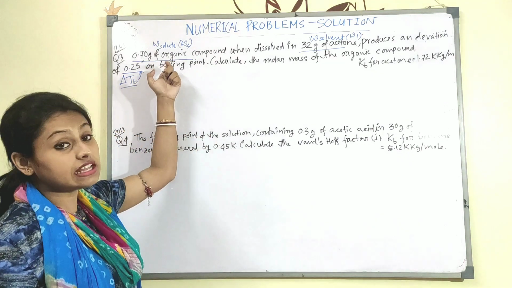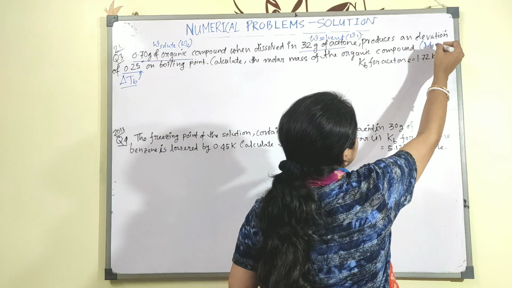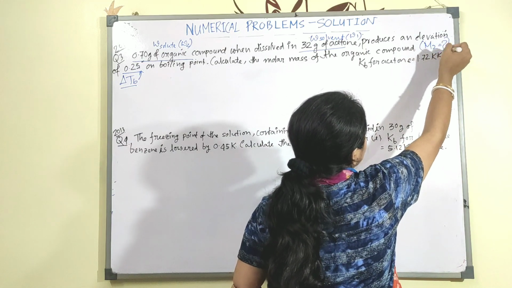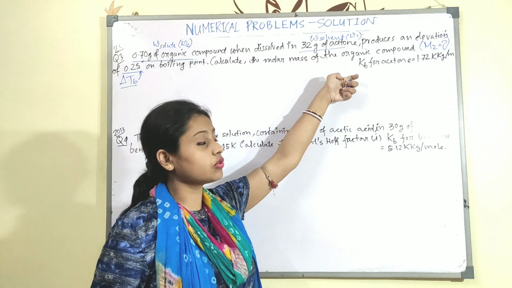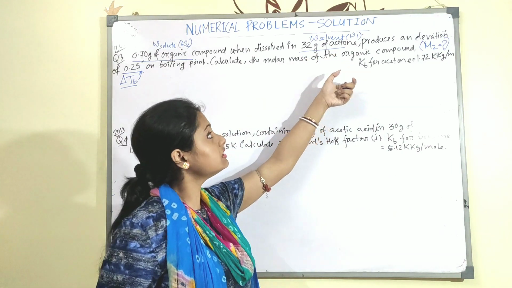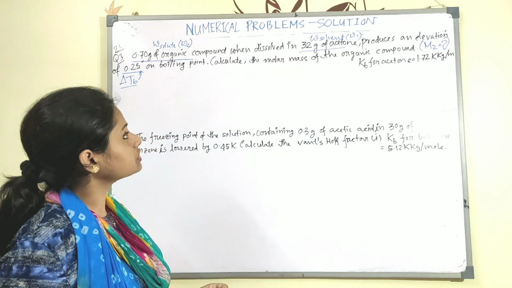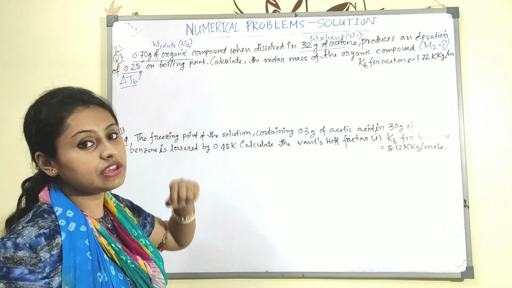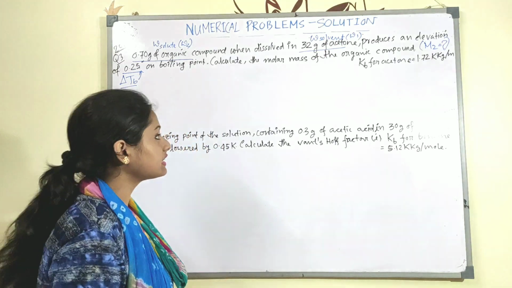So which is asked in the question? M2 or M of solute is asked. The given data, Kb of acetone is given, that is 1.72, and the unit is mentioned over here. So what we have to do now? We need to put the formula directly.